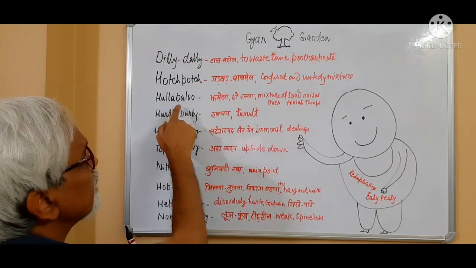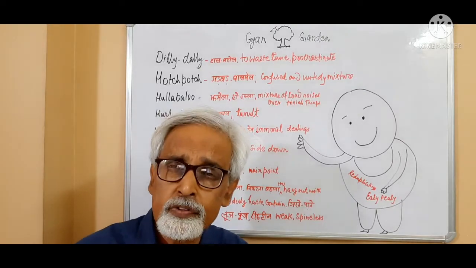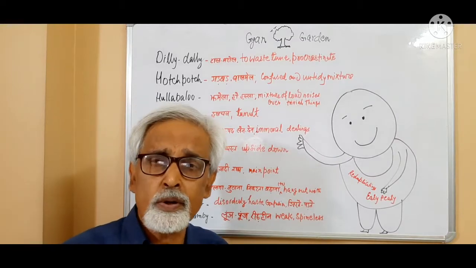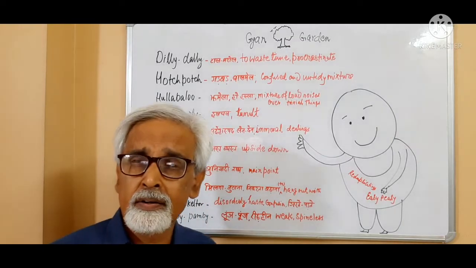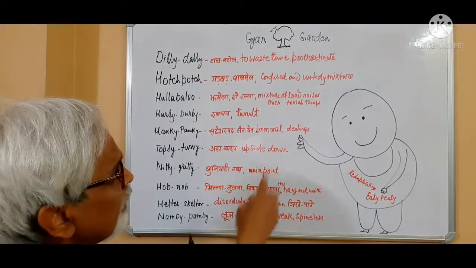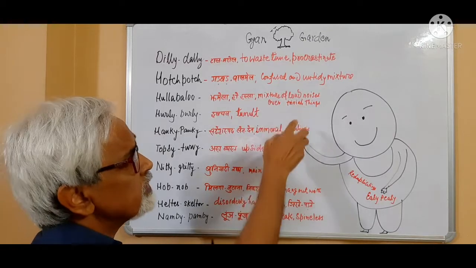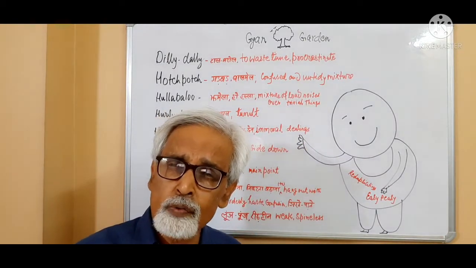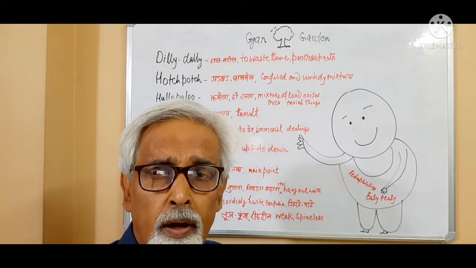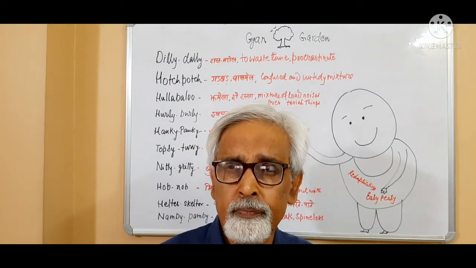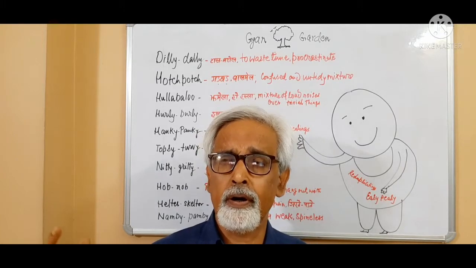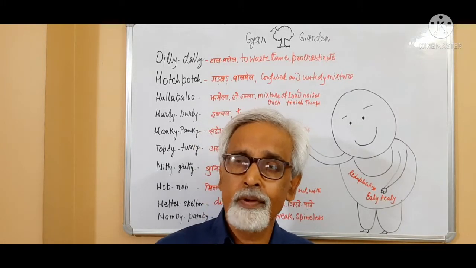Now the third word is halabalu. It is written as hulabalu, but it is pronounced as halabalu. Halabalu means jhamela in Hindi. Hue halla, a mixture of loud noises over trivial things. For example, India has just witnessed a lot of halabalu on hijab.